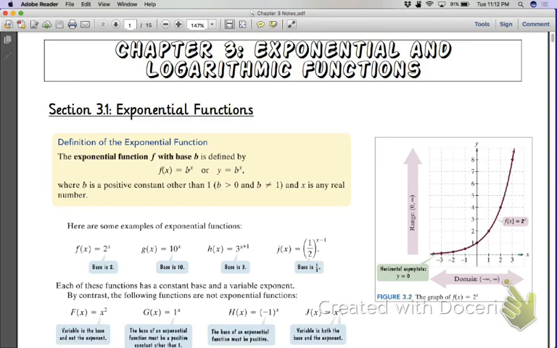Your horizontal asymptote: if we write this as y equals a times my base to the x minus h, plus k, then the base is my own base, a is still my scale factor, and k is going to be my asymptote. So whatever k is, that's my asymptote.